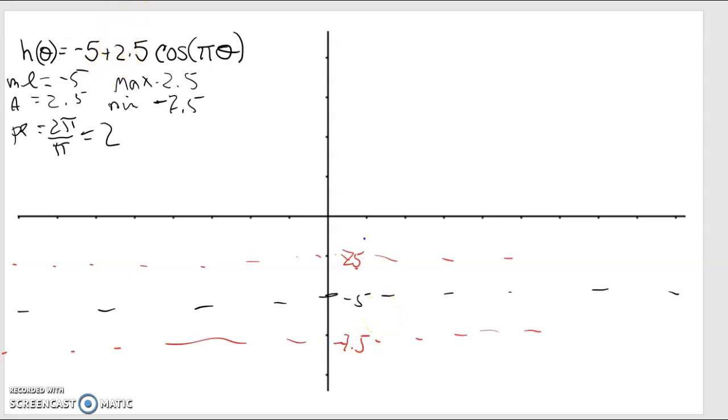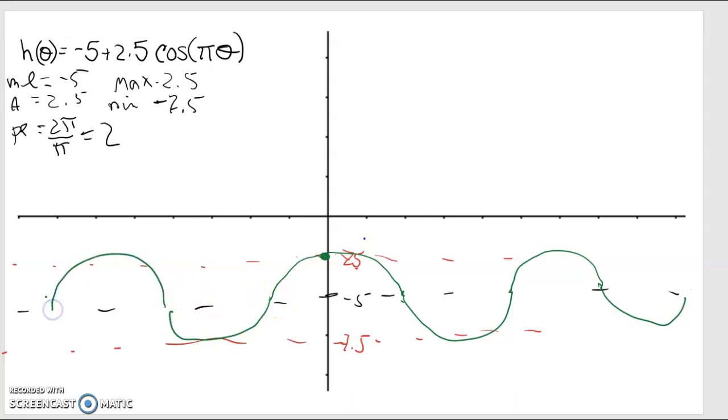It's a positive cosine function. That means it starts at a max, and that's going to be the top of our concave down part. Hit our midline, turns into concave up, concave down, concave up.